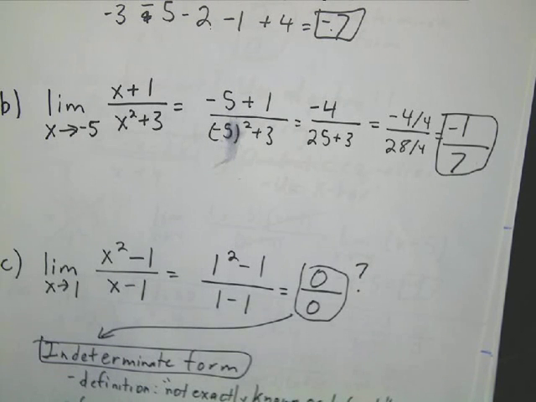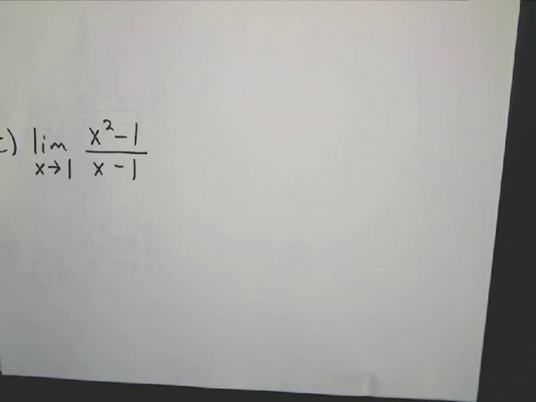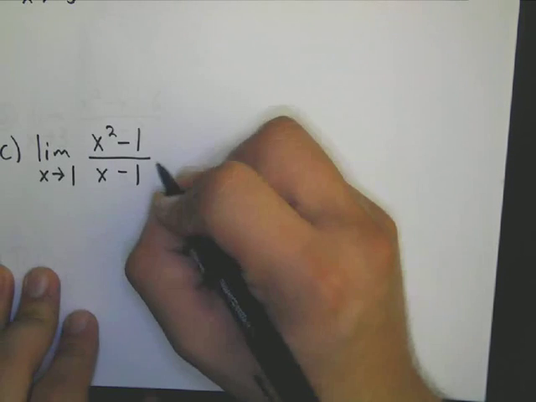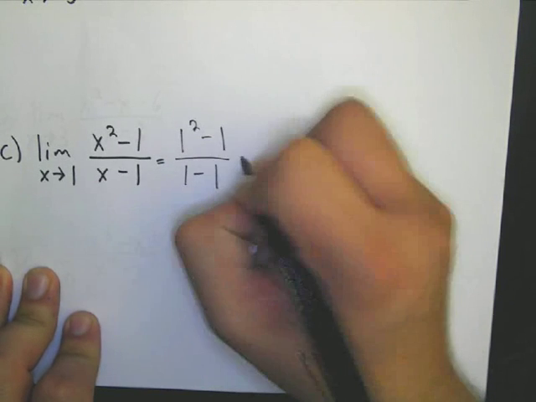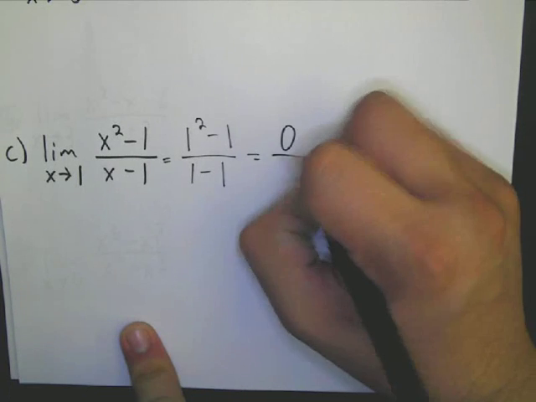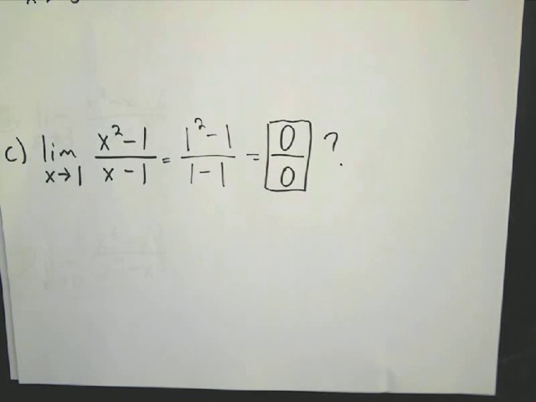Let's look at this last problem. We're going to plug in 1 because x is approaching 1. We get 1 squared minus 1 over 1 minus 1. Of course, 1 squared minus 1 is just 0, and 1 minus 1 is also 0. That's a little strange, right? There's a 0 in the denominator, but there's also 0 in the numerator.